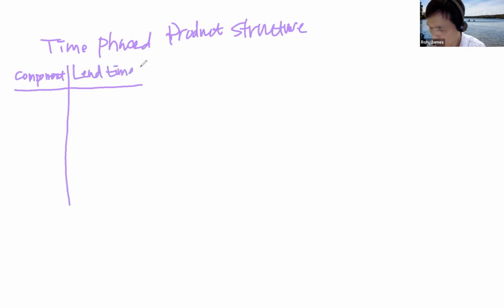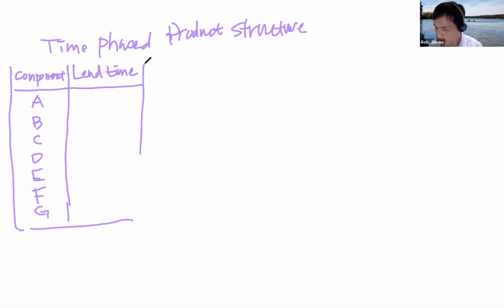You have to do research about how long it takes for you to make all those things. So you have to work with your suppliers and determine that, yeah, we are going to deliver everything in a few weeks.